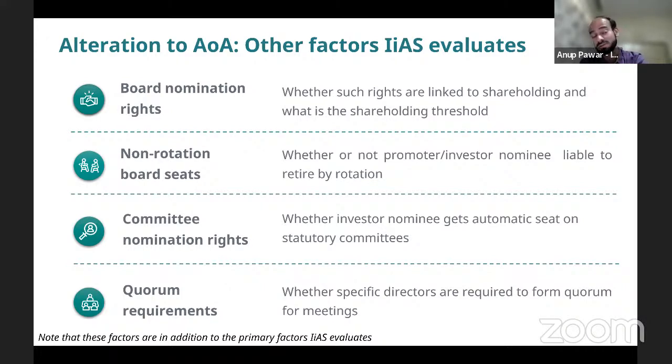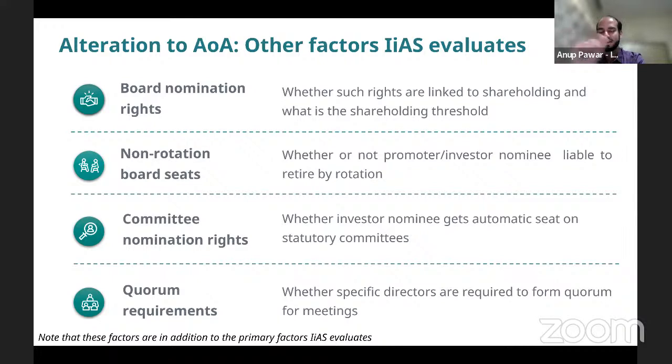Board nomination rights: sometimes there are private equity investors on the board. They have some significant investment or not so significant investment. They could have low shareholding, but still have a seat on the board. So we actually look at whether these board nomination rights, whether these seats are actually tied to shareholding thresholds.